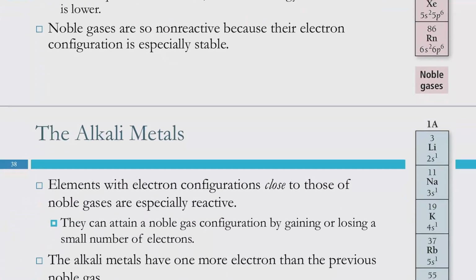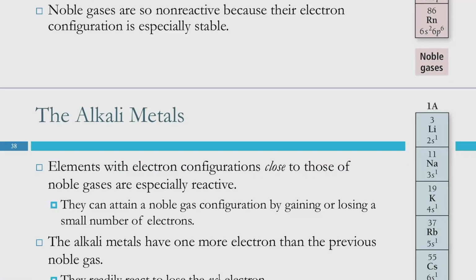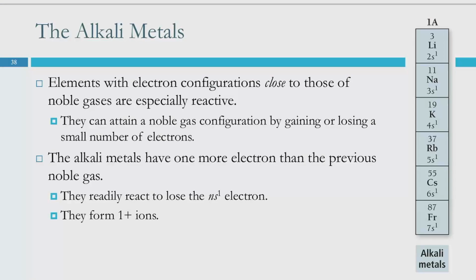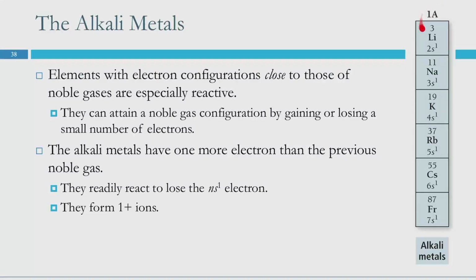So noble gases are non-reactive because their electron configurations are really stable. Alkali metals, our first column, our 1A metals, are very reactive. The electron configurations are close to those of noble gases. They just have one extra electron. So these are all noble gas plus 1 electron.